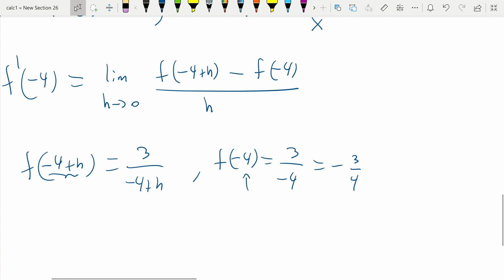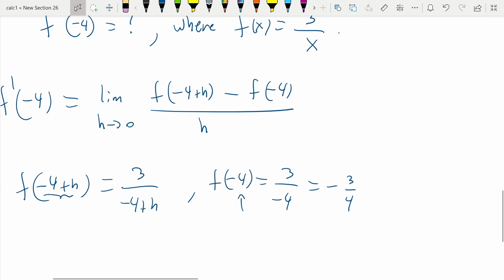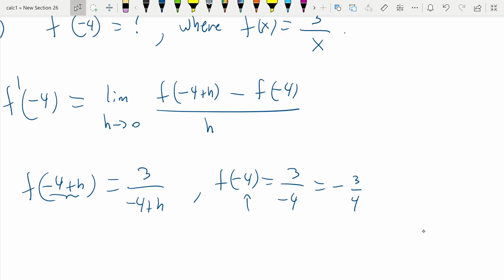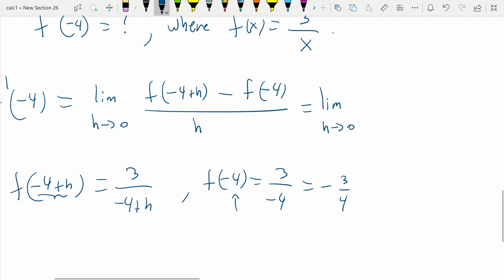And this is why I wanted to use negative numbers, because this is something that can cause some problems sometimes for some students. So this is the same as the limit when h approaches 0 of f of minus 4 plus h, which is this quantity down here, 3 divided by minus 4 plus h. And now we have to be careful.